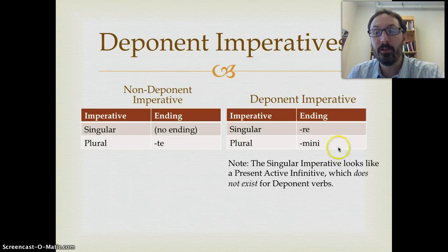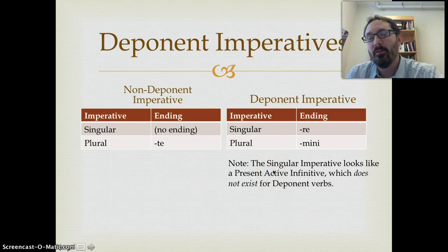The trickiest bit about the imperatives is that, as I say in the note here, the singular imperative does look an awful lot like a present active infinitive because of course it ends in re, just like amare or laudare. But remember that the present active infinitive doesn't exist for deponent verbs because they don't have active forms.